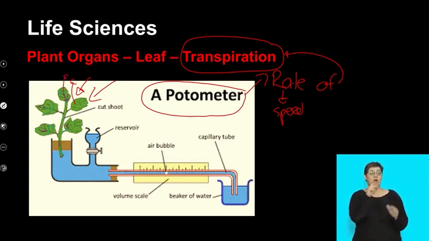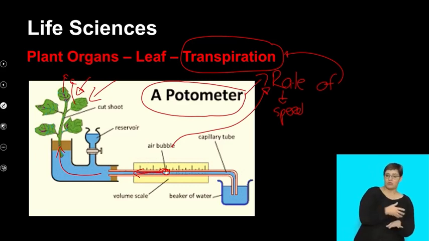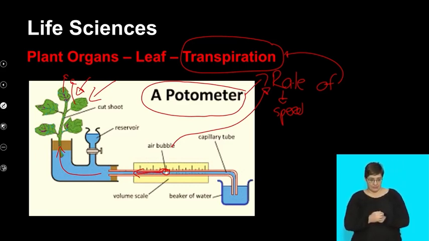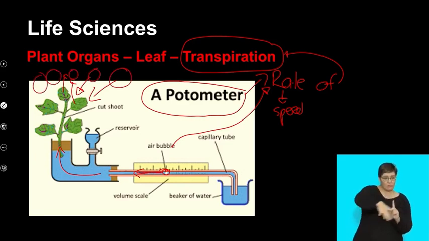This little air bubble is going to move because the water is going to go up into the stem. How quickly or how slowly that air bubble moves will tell me how fast or slow transpiration occurs. As I said to you, it's a really important concept that you understand that things in the environment have a very important role in transpiration.